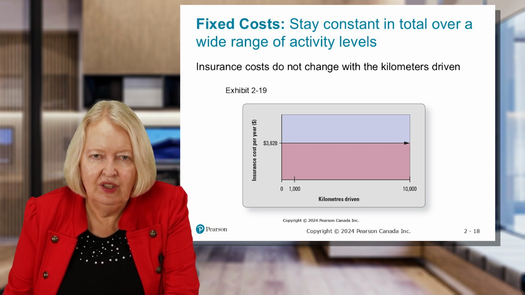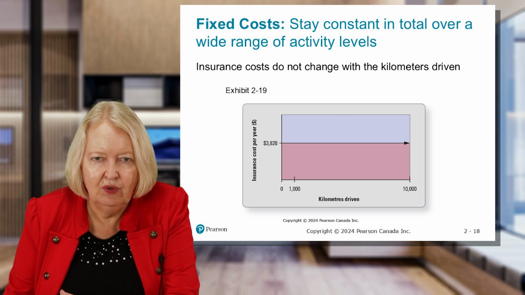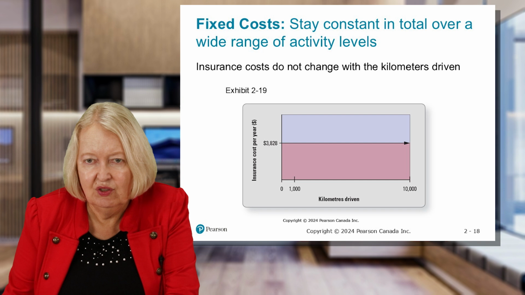Another important category to really keep in mind when you're reviewing this chapter is fixed and variable costs. A fixed cost is a cost that stays the same over a wide range of activities. If you're thinking about car insurance, it doesn't really matter how many miles you're driving, whether it's 1,000 miles or 10,000, your insurance cost is not going to be any different.